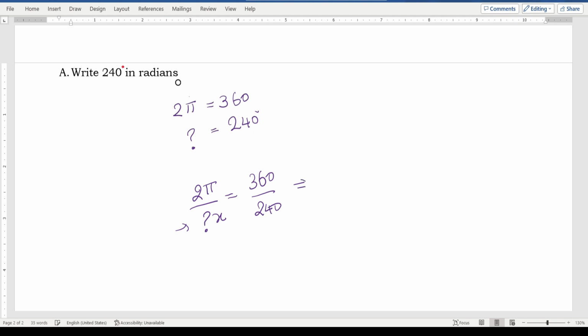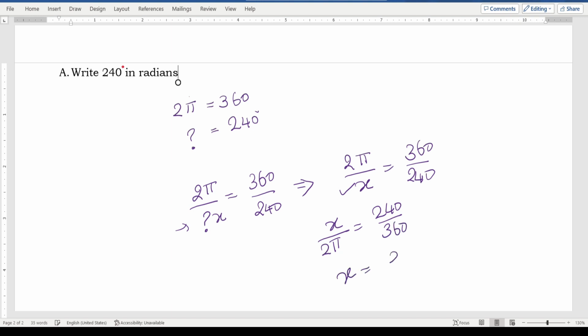So 2 pi divided by x equals 360 divided by 240. We need to know x, so bring the x to the numerator. x by 2 pi equals 240 divided by 360, so x equals 240 divided by 360 times 2 pi.